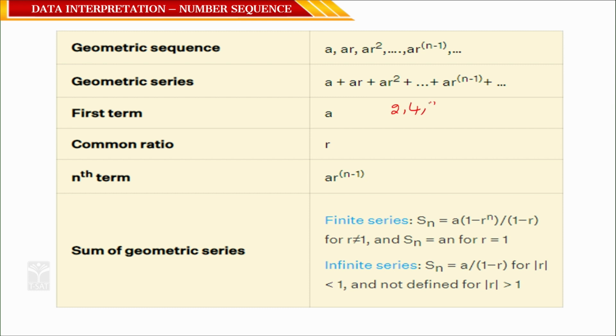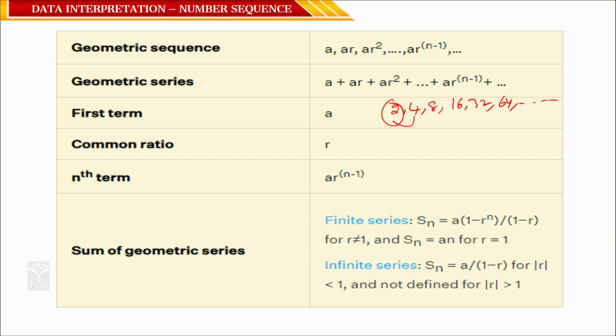So, now for example, 2, 4, 8, 16, 32, 64 and so on. This is a geometric progression, correct? And here the first term is 2. Of course, the common ratio is also 2. Then how do you get the common ratio? Divide the second term by the first term, then you will get the common ratio. Okay.